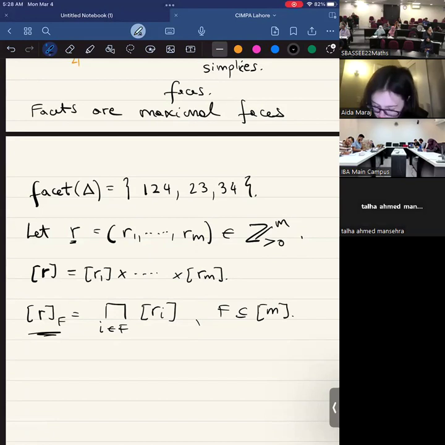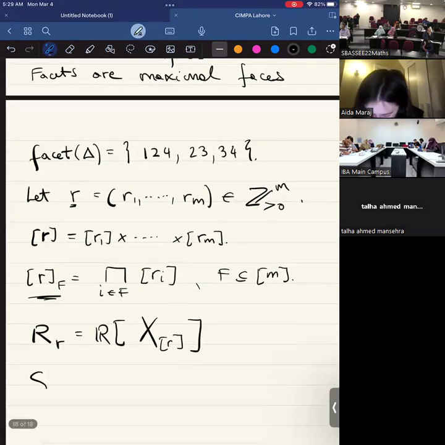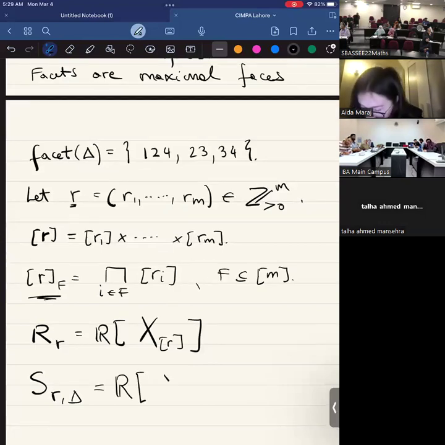Okay, so now to define these hierarchical models, we will have this R. With R, we'll denote the polynomial ring in x_R, so it means like R1 times R2 and so on. And we will also have S(R, delta), the polynomial ring with variables we will call y_{F, r_F}.